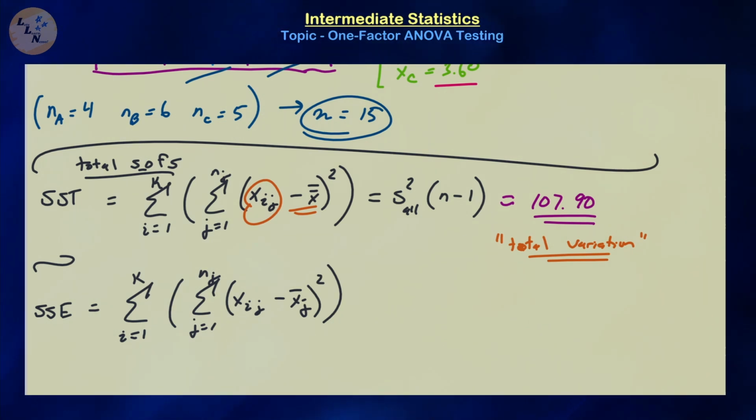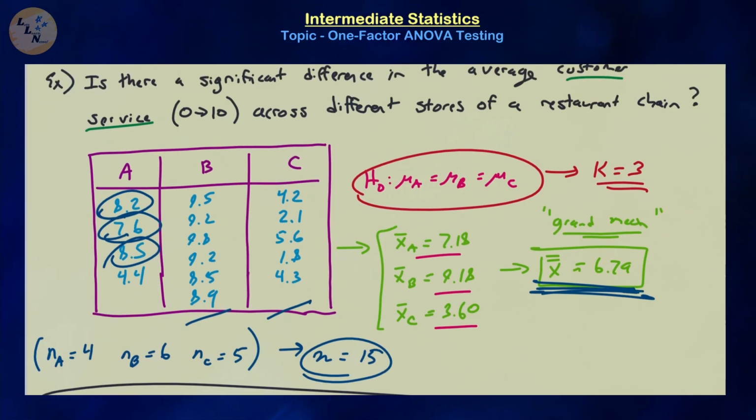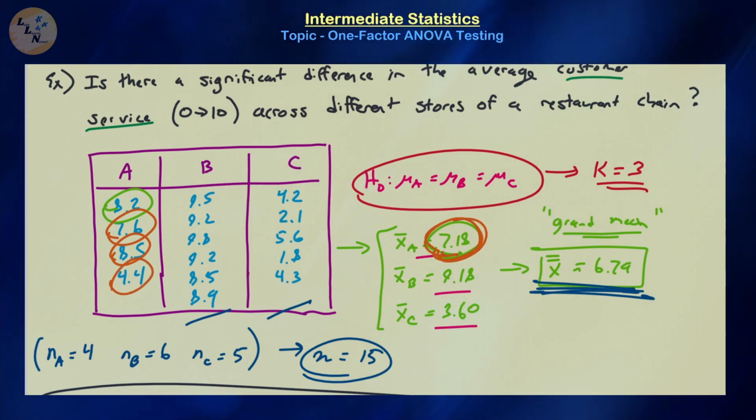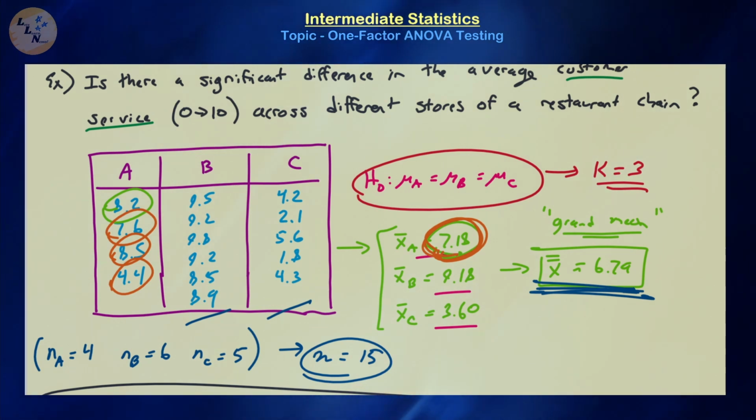So if I want to describe what's going on here, let's go back to our table. I'm going to be taking 8.2, subtract my 7.8, squared. Then I'm going to do 7.6 minus 7.8 squared, 8.5 minus 7.8 squared, 4.4 minus 7.18 squared. Add them all up, that's going to give me a number.